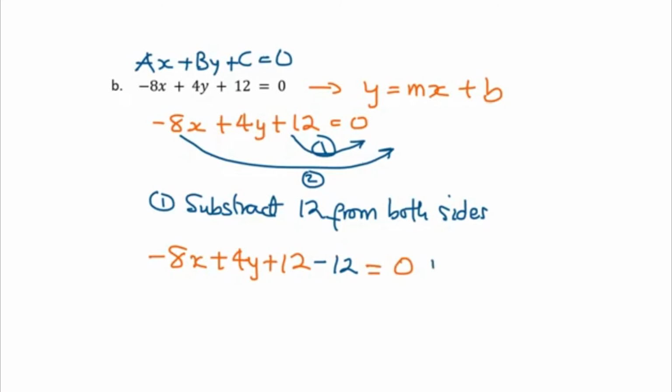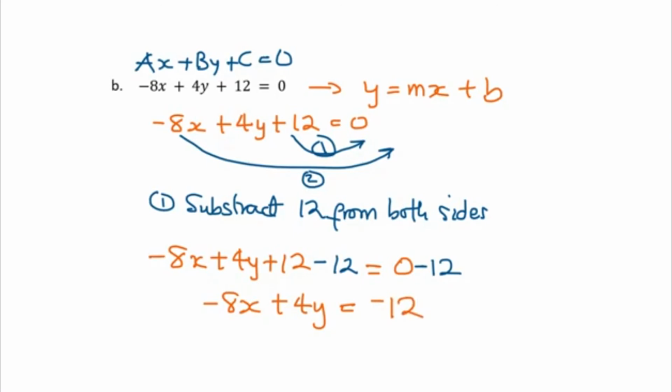That means this will be -12. So this as a result will be equal to -8x plus 4y, and +12 minus 12 will give us 0, and what we're left with is 0 minus 12, which is -12.